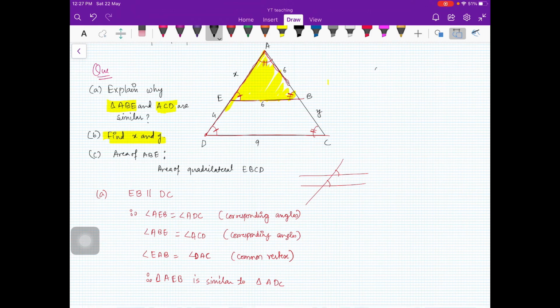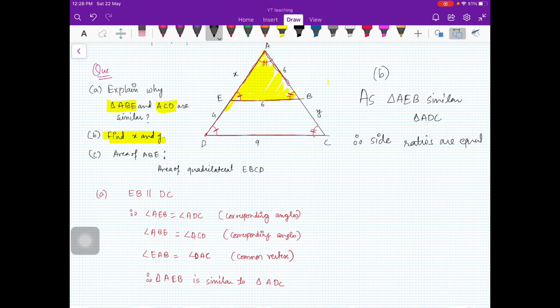So, you see, because triangles are similar, therefore side ratios are equal. So, what we will say, as triangle AEB is similar to triangle ADC, therefore side ratios are equal. So, AE upon AD is equal to AB upon AC.